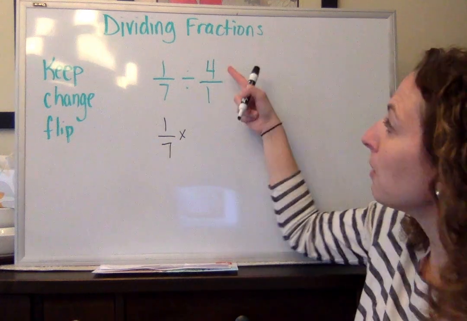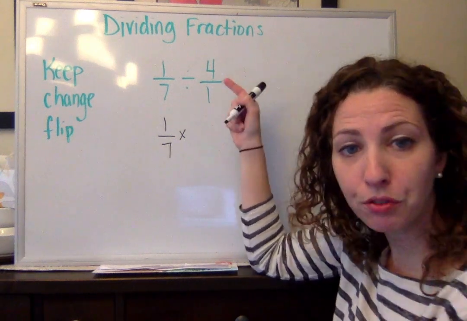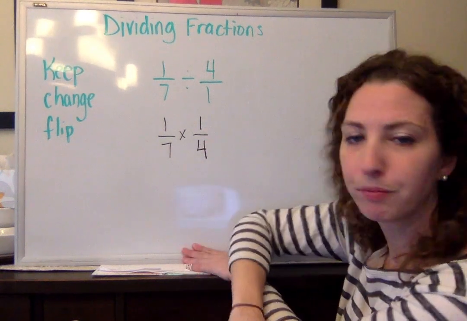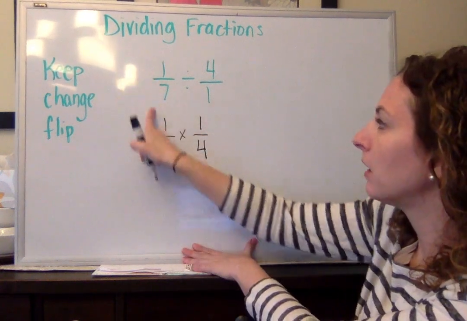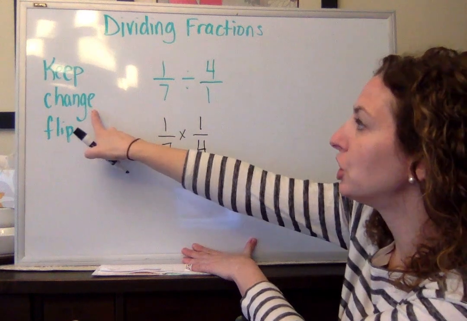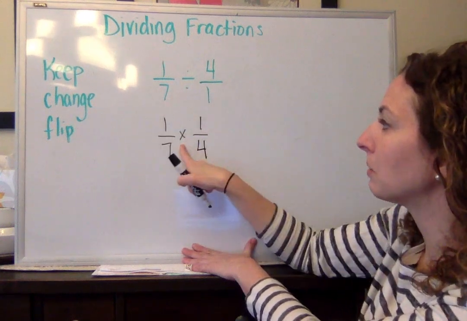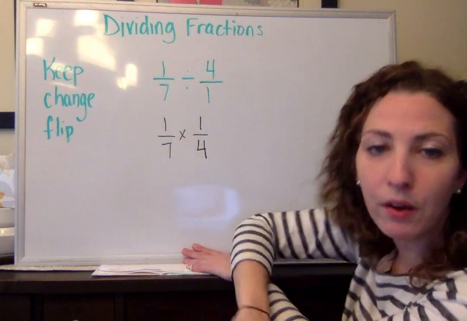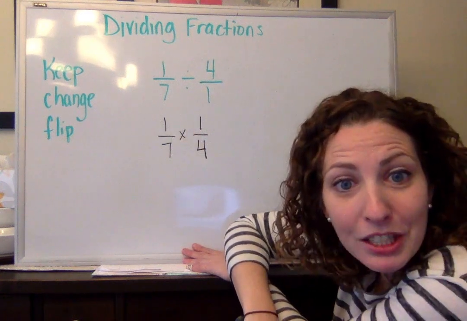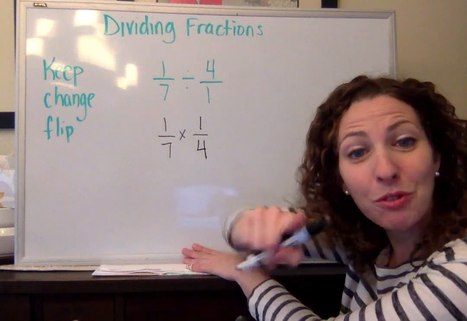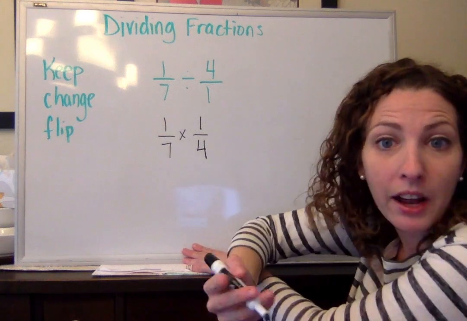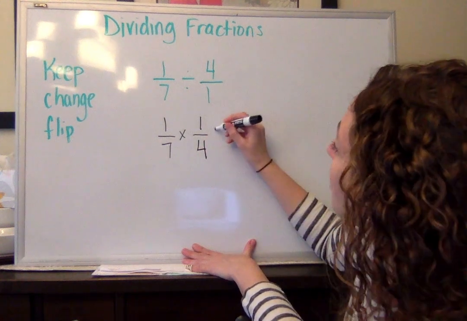So if I was to flip 4 over 1, my new fraction would now be 1 over 4. I kept my first fraction the same. I changed division to multiplication, and I flipped my second fraction. So now I have a multiplication problem, and you know how to do that. All right, so let's multiply. That's all we're doing for division.